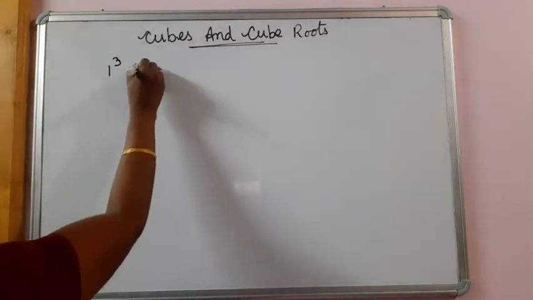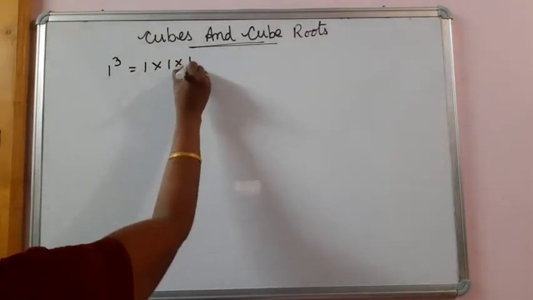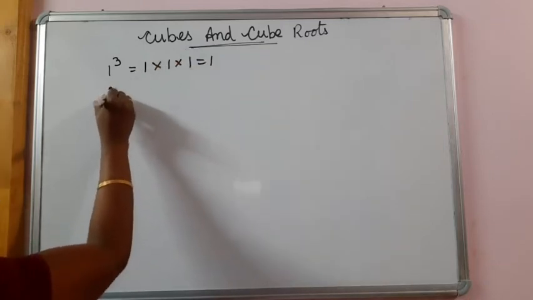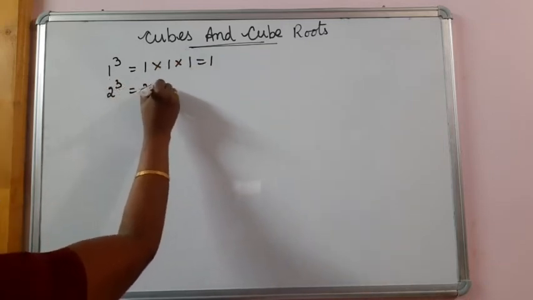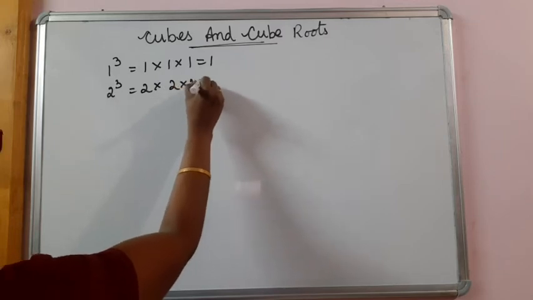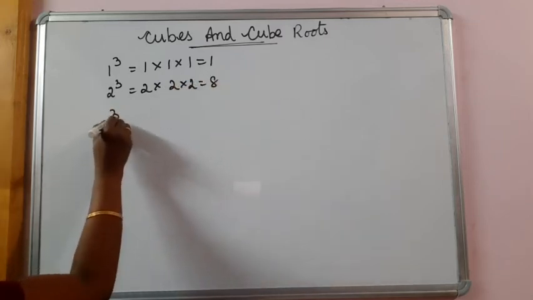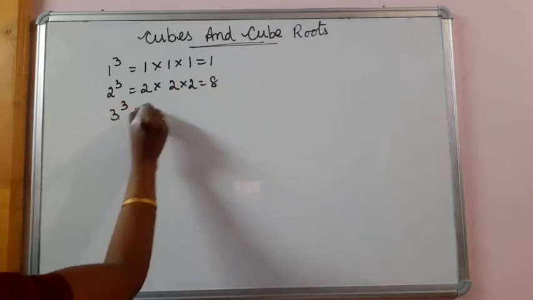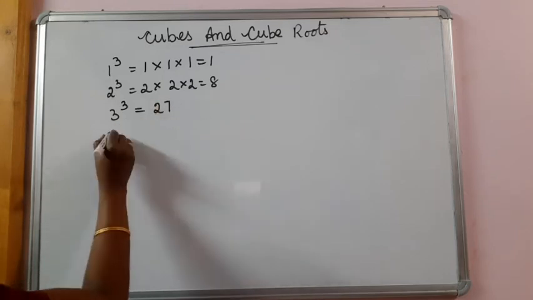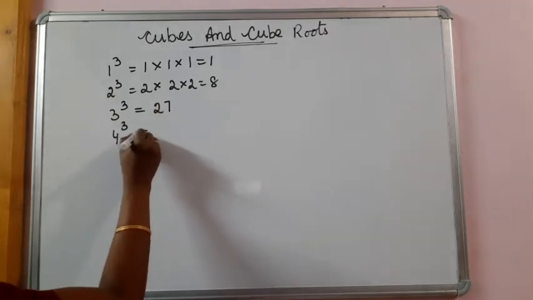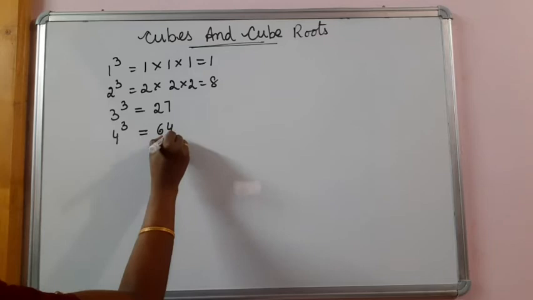1 cube means 1 into 1 into 1, which is 1. 2 cube is 2 into 2 into 2, that is 8. In the same way, when you multiply 3 three times, you get 27. When you multiply 4 three times, you get 64.